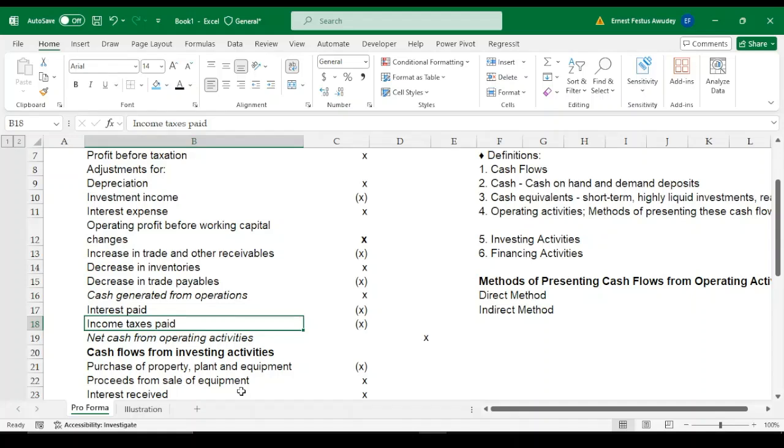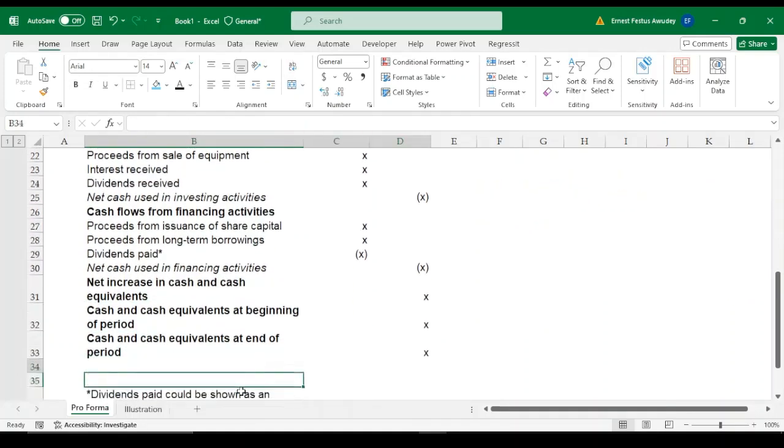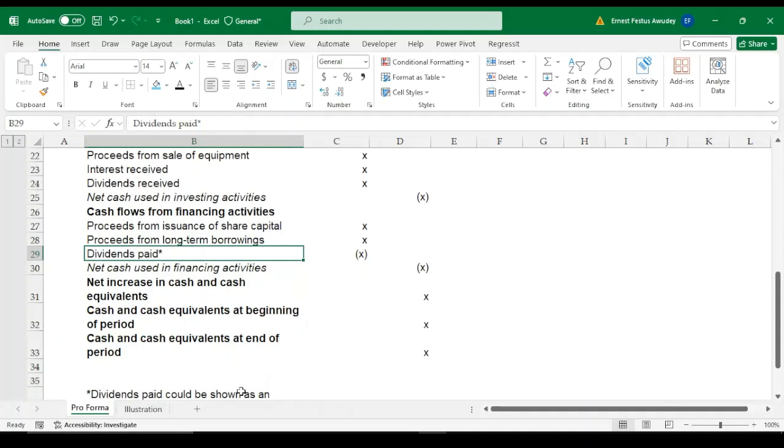So that is the flexibility that the standard has given. That dividends you have paid to investors in a company can be presented under your financing activities, which is the most common one, or as an alternative, you can also present it under your cash flows from operating activities.